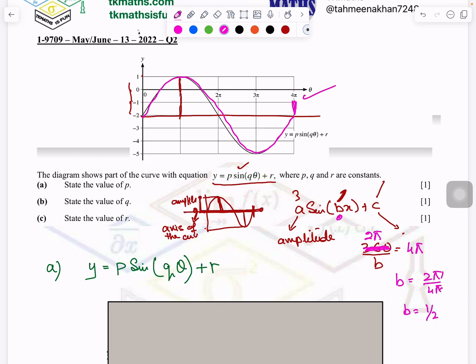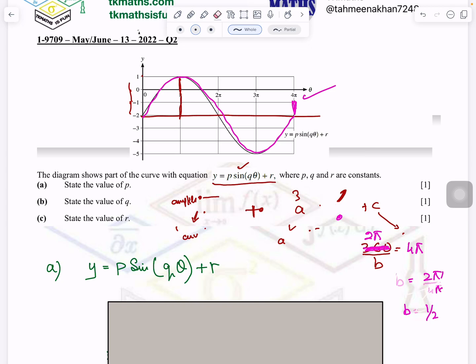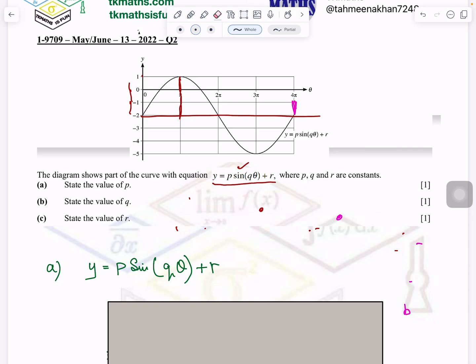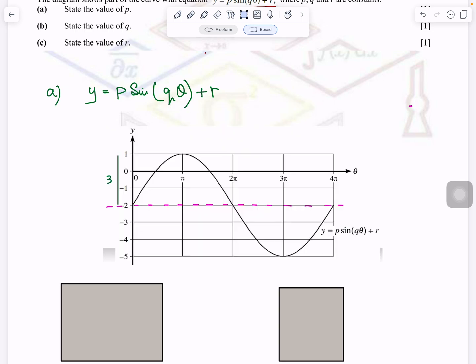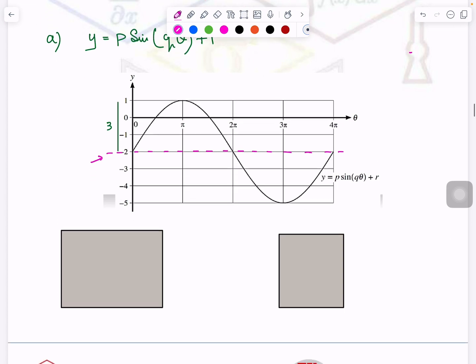Now I have written things neatly here, so let me show it to you, and if you want to make a note of it, you can. Let me just clean this space a bit. Here I have drawn the line neatly, the pink line, which is the axis of the curve. And this distance, the green one, is showing you the amplitude, right?